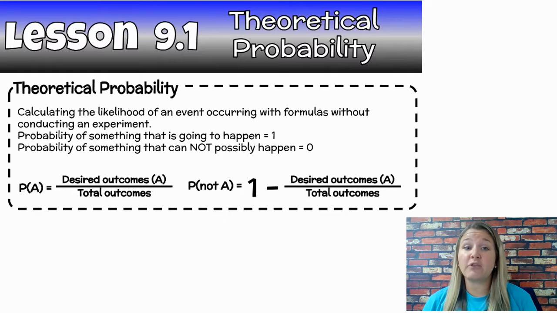If something is for sure going to happen, then the probability is always one. And the probability of something that cannot happen at all is going to be zero.